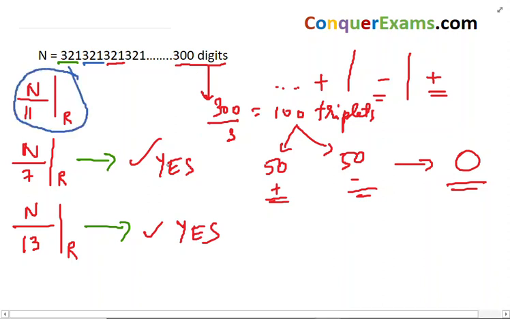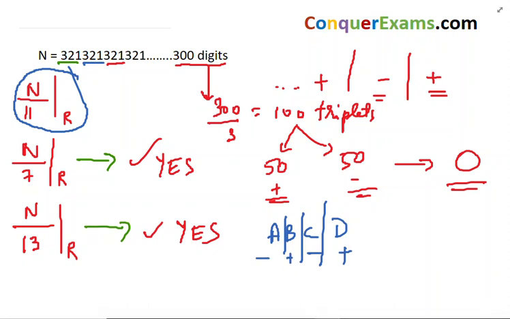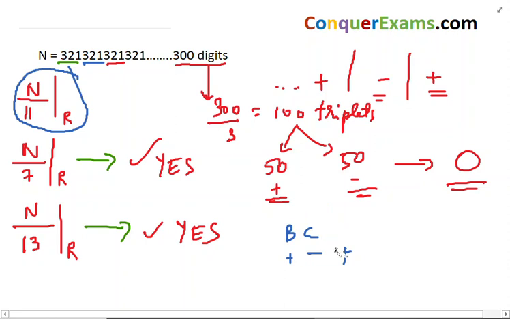For 11, we saw that all you need to do is, if your number is ABCD, give a plus here, a minus here, a plus here, a minus here, and add and find the answer, right? And then check whether that number is divisible by 11 or not. But in this case, there's one more modification that you need to keep in mind. Suppose your number is ABCDEFGH, a big number.